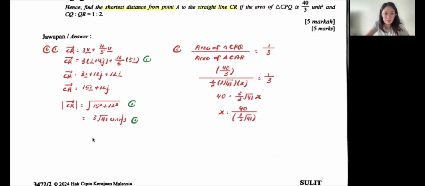You can just use your calculator to find the answer. Answer in decimal is no problem. If it is too long, you can write it in 4 significant figures. So this is 4.165 units.